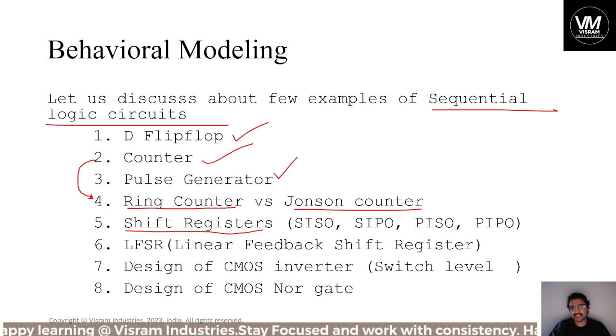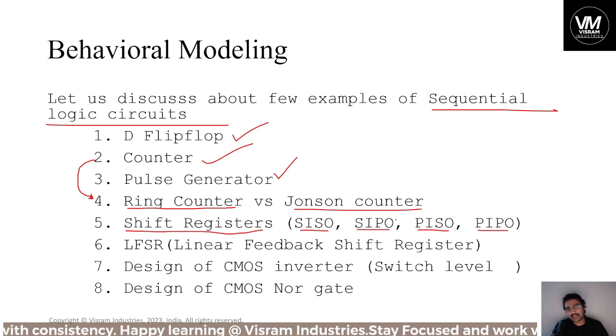So we need shift registers to push our data. We have four main types: SISO, serial in serial out; SIPO, serial in parallel out; PISO, parallel in serial out; and PIPO, parallel in parallel out. I will discuss these in detail with circuit diagrams and the Verilog code beside them.